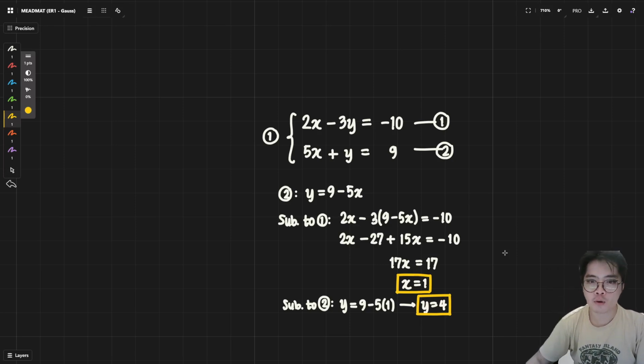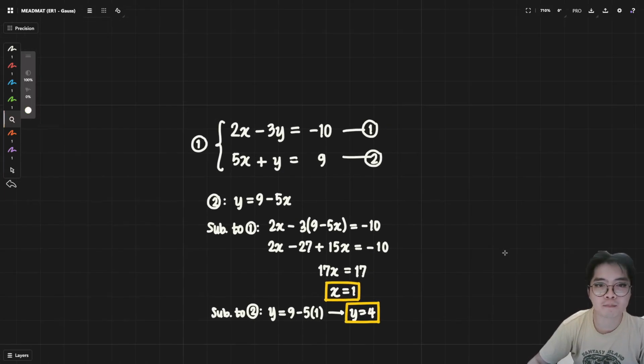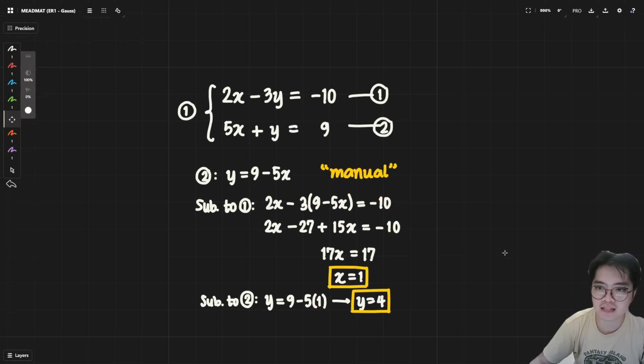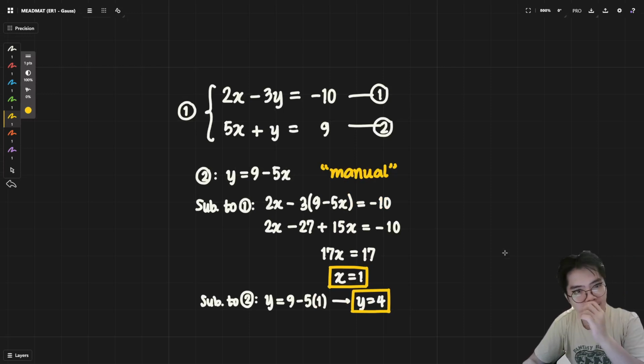But now, what if instead of doing this the quote unquote manual way, we do something a little bit more matrixy. I will now introduce to you solving simultaneous equations based on matrices.